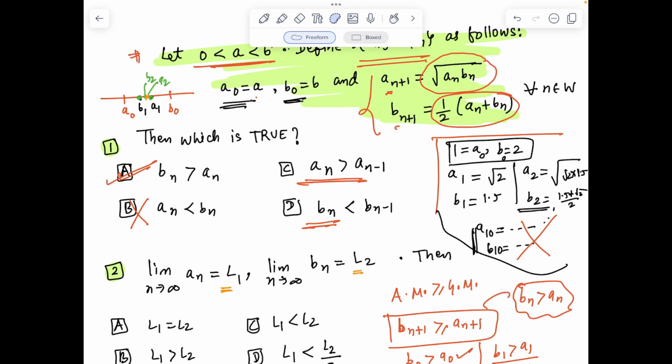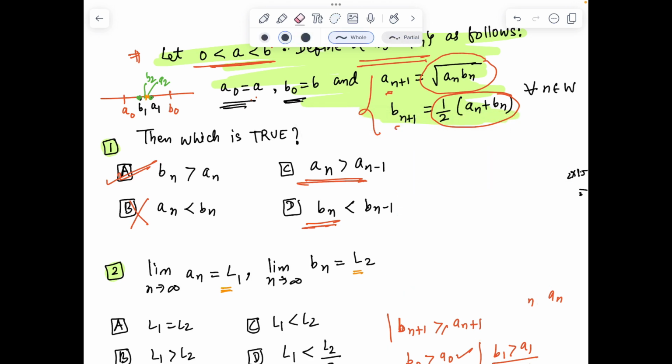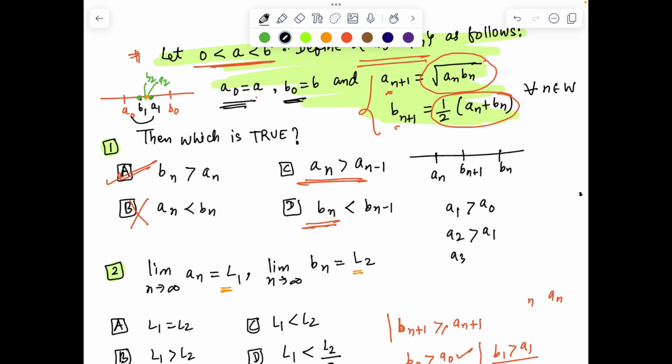So here we already know that b(n+1) is the arithmetic mean between an and bn. In fact, to start, a1 will be definitely greater than a naught, a2 will be definitely greater than a1, a3 will be definitely greater than a2, and so on and so forth.